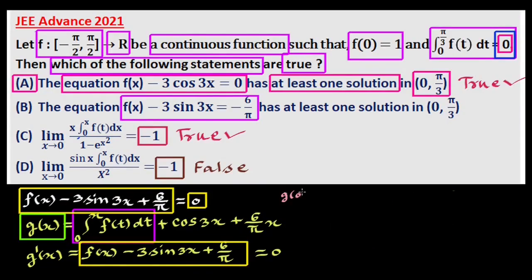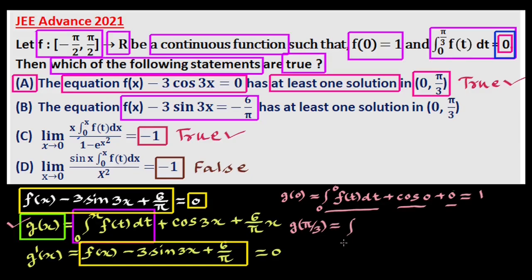Now we will find g(0) from this relation: integral from 0 to 0 of f(t) dt plus cos 3 into 0, that is cos 0, plus 6 upon pi into 0. That gives this definite integral is 0, cos 0 is 1, plus 0, that gives g(0) equals 1. Next we find g(pi by 3): integral from 0 to pi by 3 of f(t) dt plus cos 3 into pi by 3, which is cos pi, plus 6 pi into pi by 3.